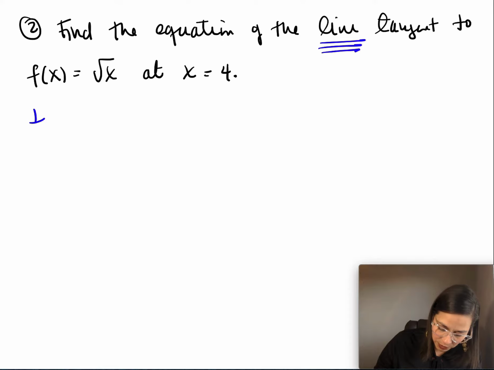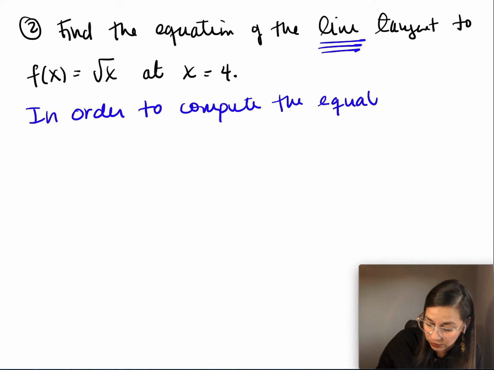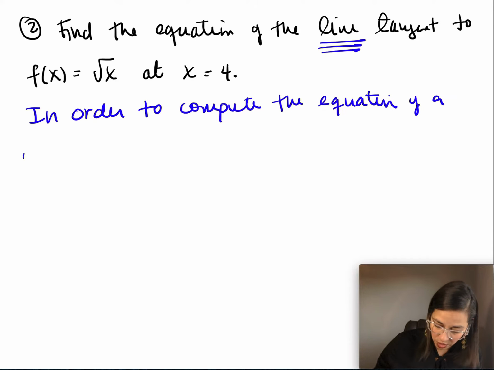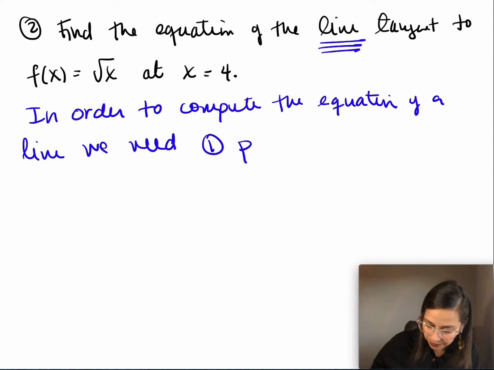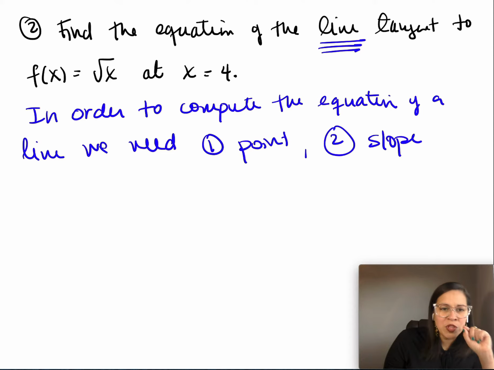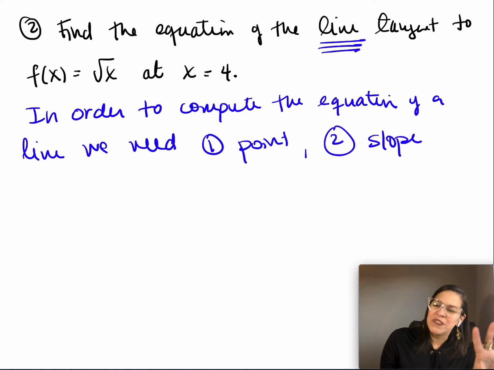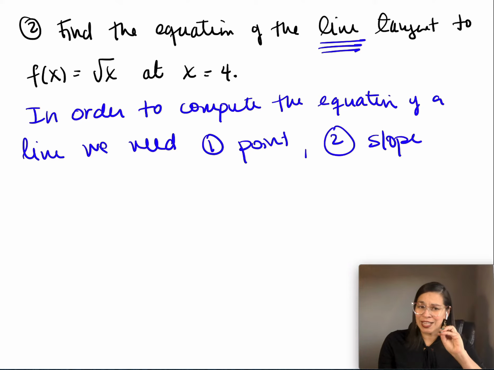So in order to compute the equation of a line, what do we need? 1, a point. 2, the slope of the line, right? So I can either give you the point and the slope, and then you can write the equation, or I can give you 2 points. But this is the equation of a very, very important line, which is a tangent line, okay?